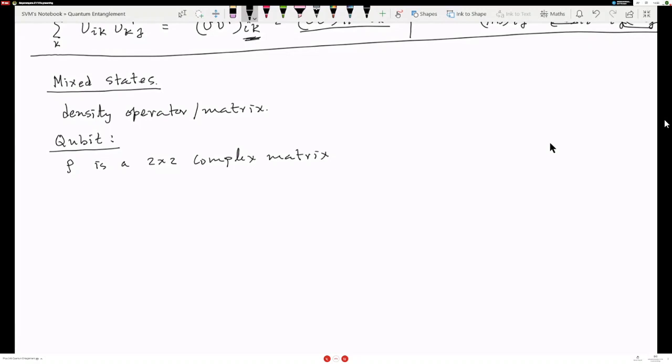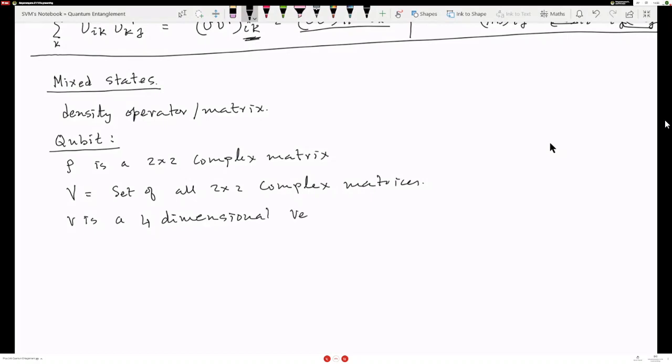Now we know that if you consider the vector space V of the set of all 2 by 2 complex matrices, then V is a 4-dimensional vector space because you require 4 complex numbers.